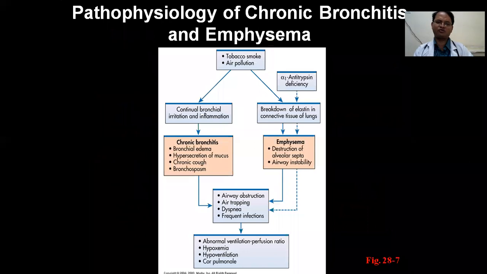The continual bronchial irritation causes chronic bronchitis, wherein there will be bronchial edema, hypersecretion of the mucus, and chronic cough. Whereas in emphysema, there will be destruction of the alveolar septa. All this leads to increased airway obstruction, air trapping, dyspnea, and frequent infections.